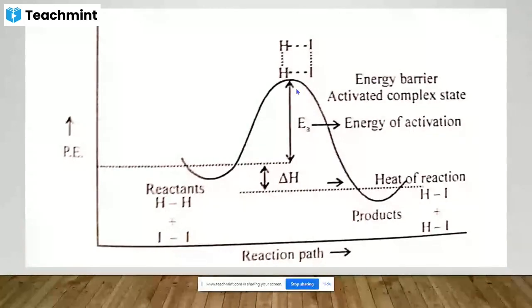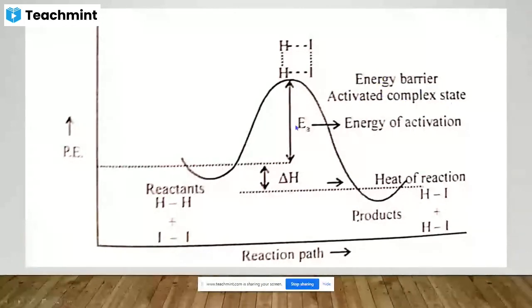The internal energy of the activated complex is greater than that of either the product molecules or the reactant molecules, and the complex is supposed to have a structure intermediate between that of the reactants and the products. So the activated complex is situated at the peak of the energy barrier between the reactants and the products, as clearly indicated in the energy barrier diagram.